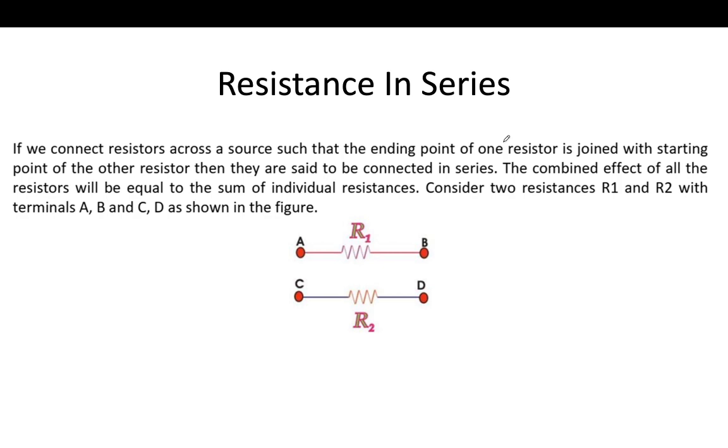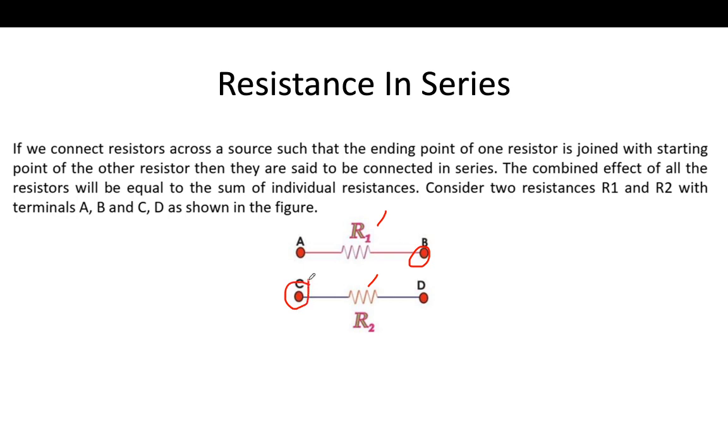Consider two resistances R1 and R2 with terminals A, B, C, D as shown in the figure. The meaning of this is that if we have two resistors, for instance R1 and R2 here, and we name the terminals A, B, C and D. These resistors will be considered in series only when the end of one resistor is connected with the starting point of another resistor.